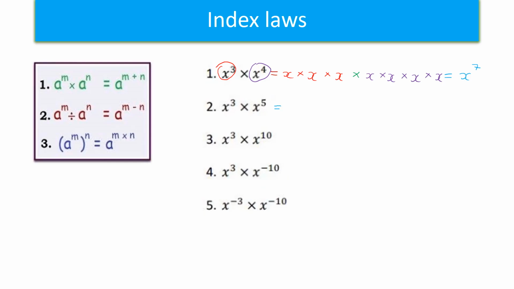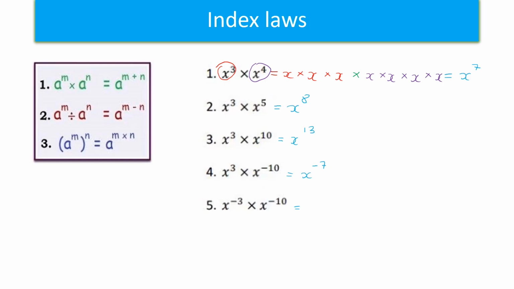So in the next example, that's going to be x to the power of 8, because 3 plus 5 is 8. In the next one, x to the power of 13. In the next one, 3, add negative 10, that is negative 7. So it's going to be x to the power of negative 7.